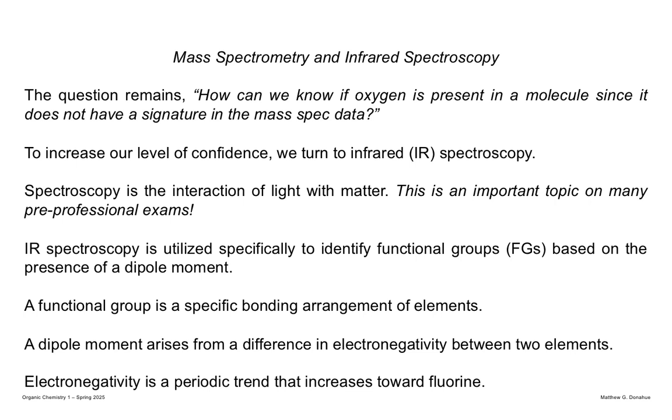Because this is spectroscopy now, we're dealing with light and how light interacts with matter. If you're going to take the MCAT or pre-pharm or vet exams or anything like that, spectroscopy is pretty important for you. It's an imaging technique. So in this class, we're imaging molecules.